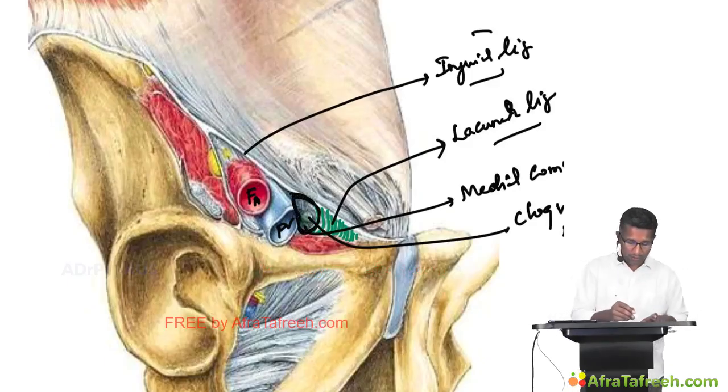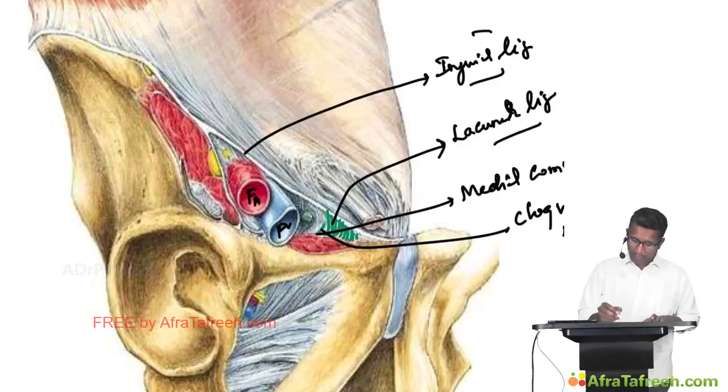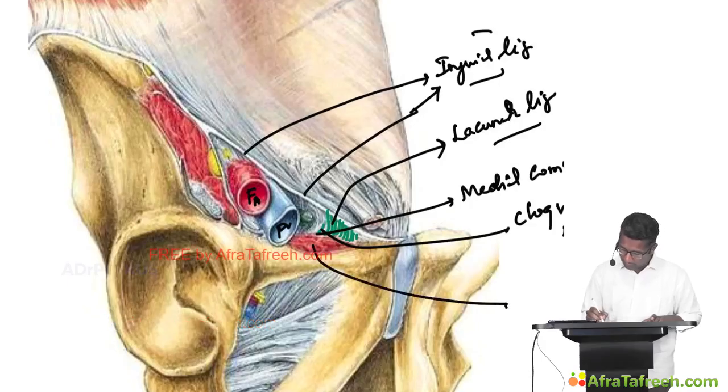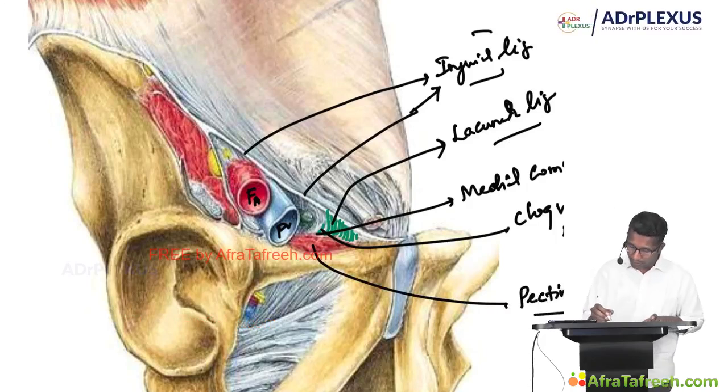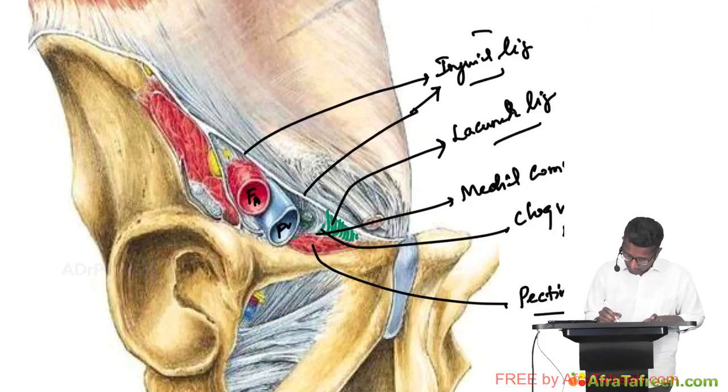Now if you see the boundaries of the femoral ring, the anterior boundary is formed by the inguinal ligament. You see a muscle here, called the pectineus muscle, and a fascia covers the pectineus.